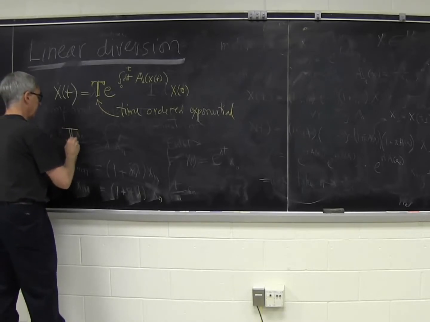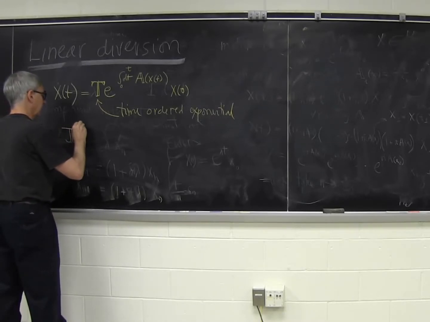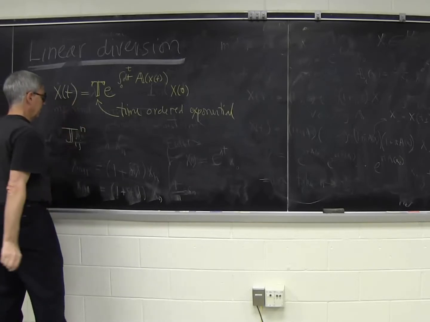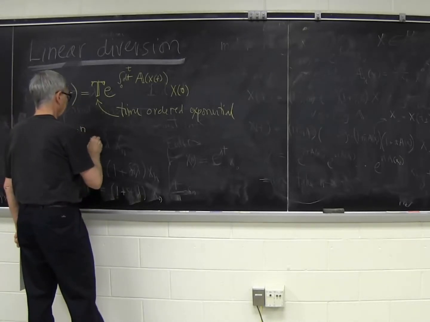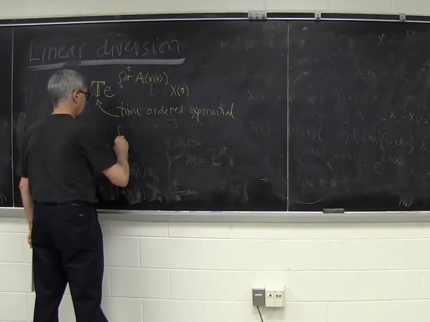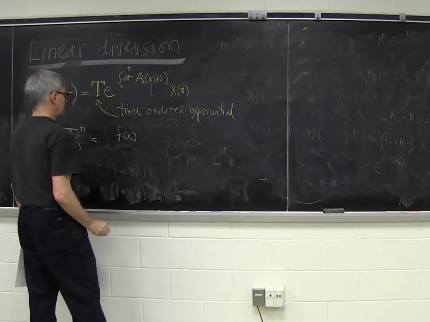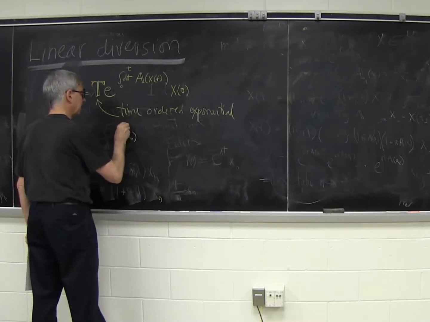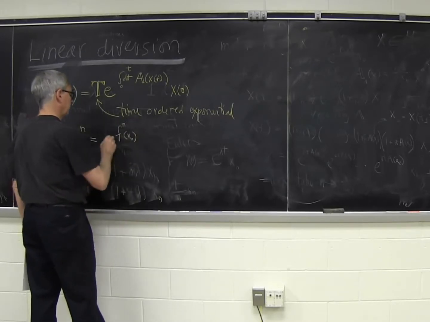So the Jacobian at discrete time, let's call it n, is defined as my map starting at x0, going n time steps forward.